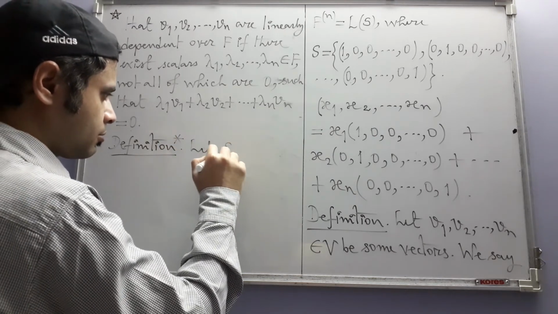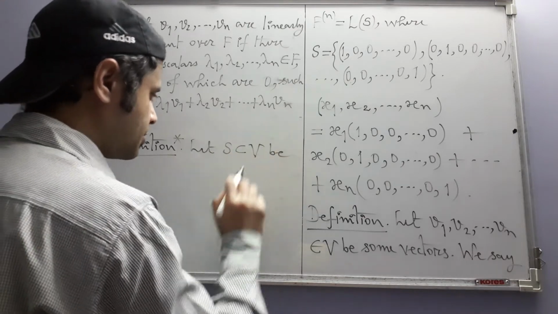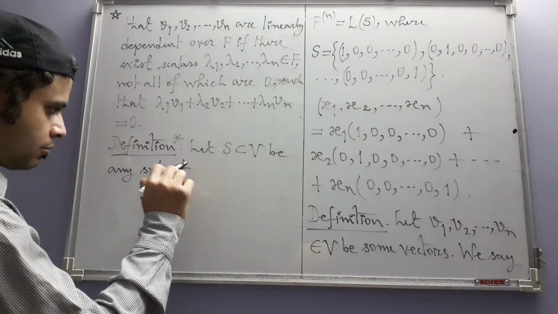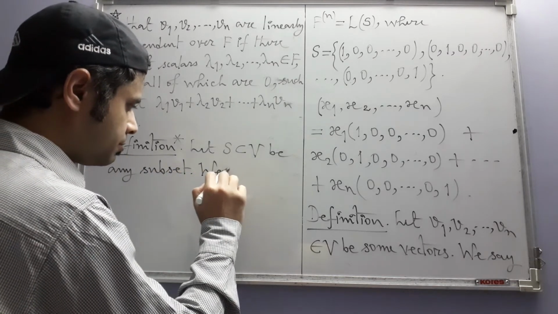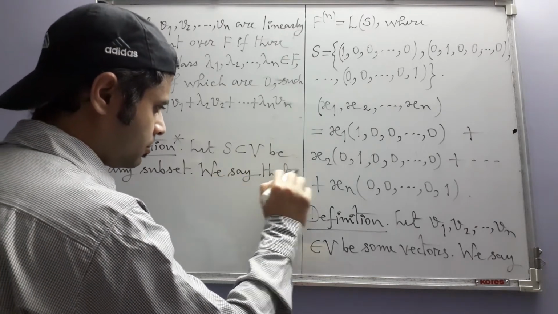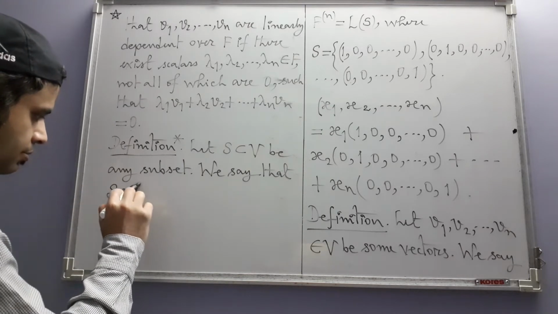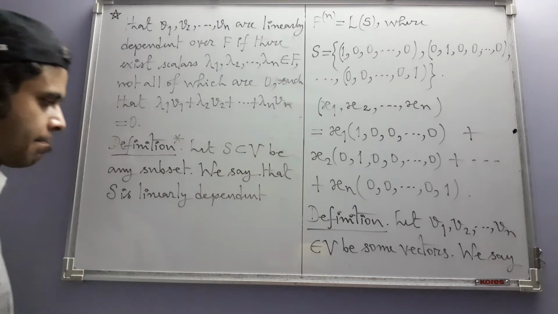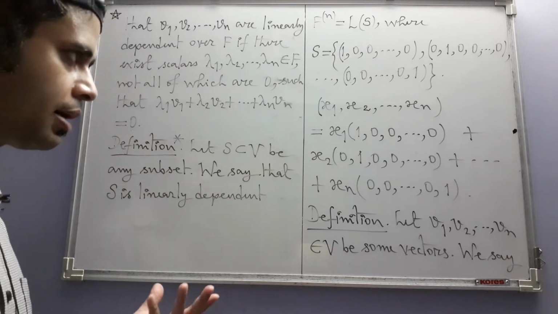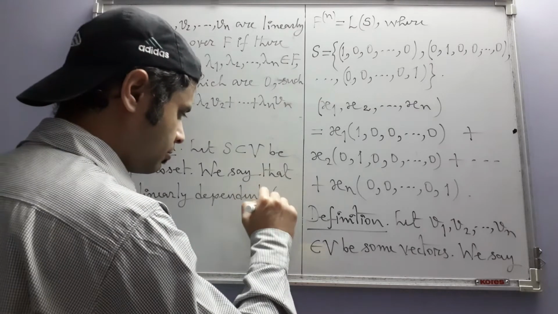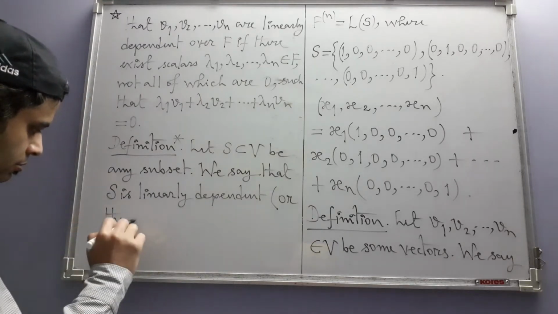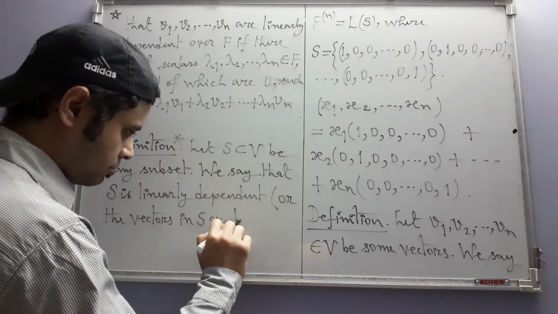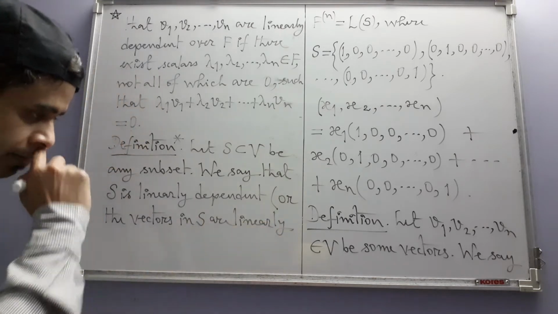Let S be any subset of the vector space V. We say that S is linearly dependent, or the vectors in S are linearly dependent. In that way also we can say this.